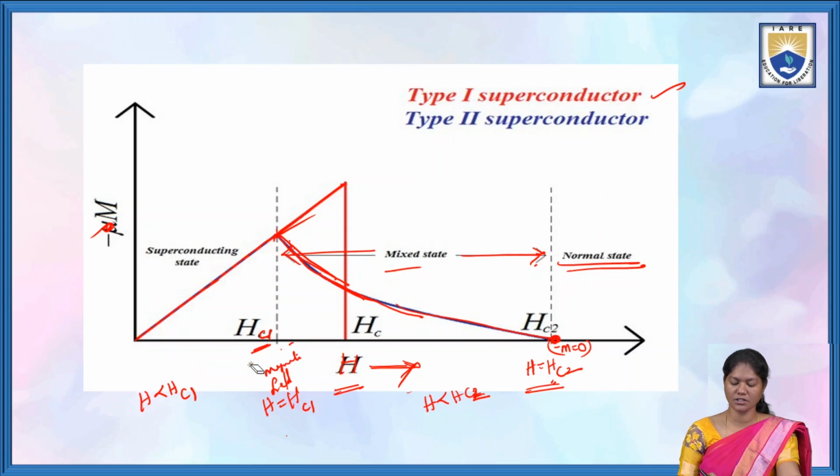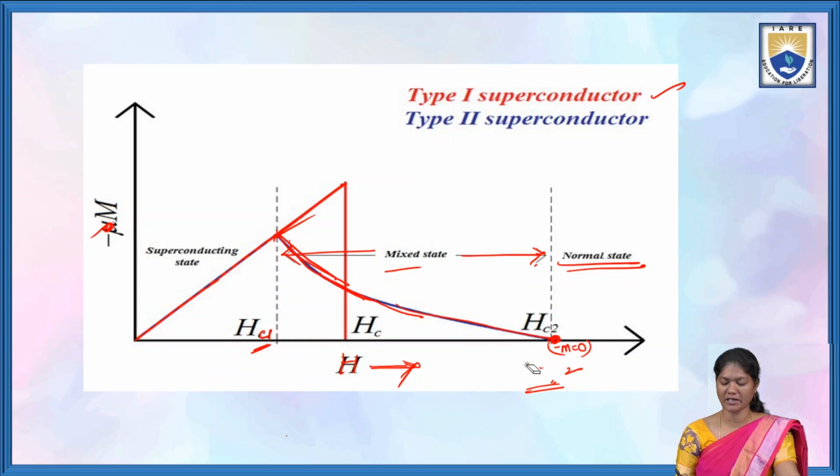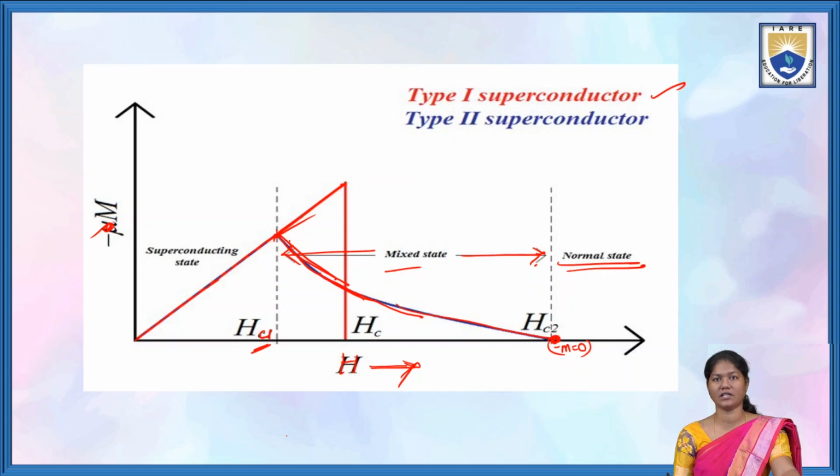So from the variation of opposing magnetization with respect to applied magnetic field H, the penetration starts at Hc1. Up to Hc1, it is in the superconducting state and does not allow the magnetic lines. Where H is equal to Hc1, the penetration starts and the conversion process starts slowly, so it shows the superconducting state as well as the normal conducting state.